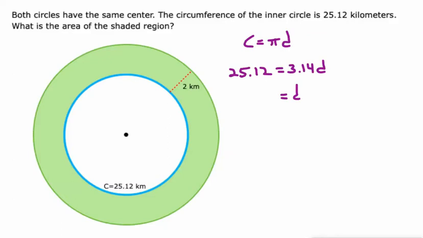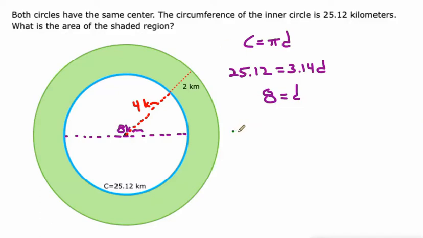That's a nice clean number. So now we know that the diameter is 8. Okay, that means that the radius of the inner circle is 4.